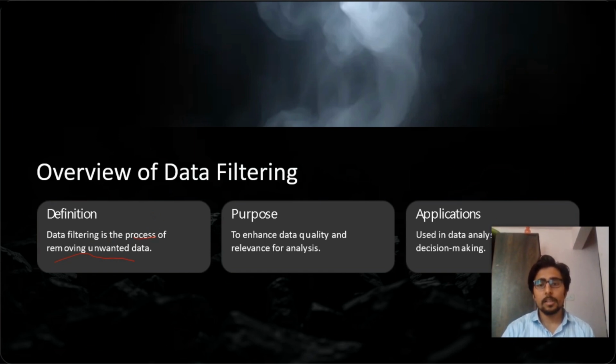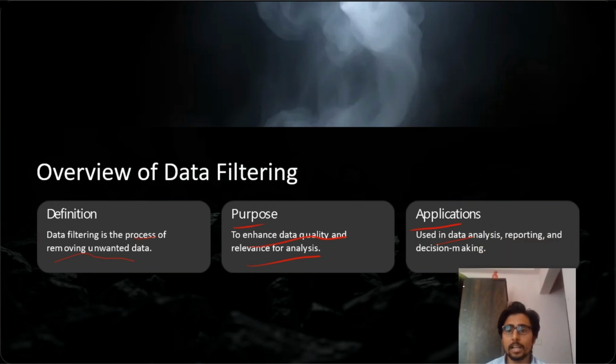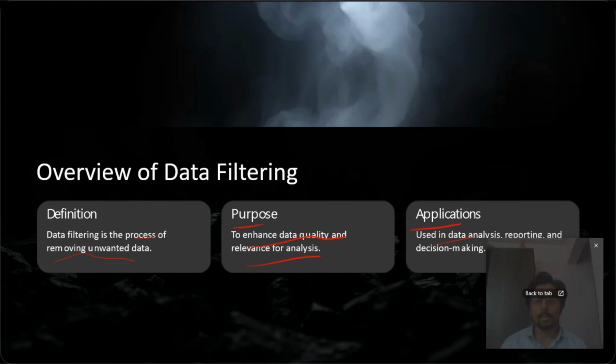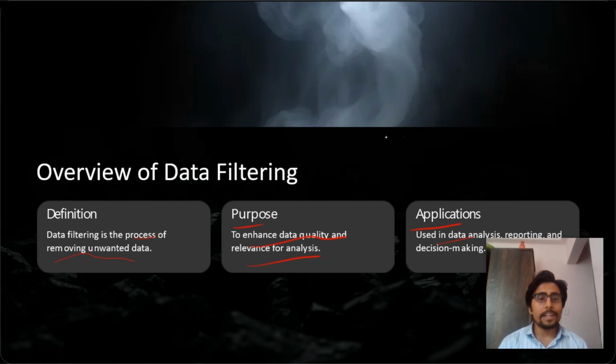The purpose is to enhance the data quality and relevance for analysis, so relevance will increase and performance will also increase. The applications they have mentioned are data analysis, reporting and decision making processes.